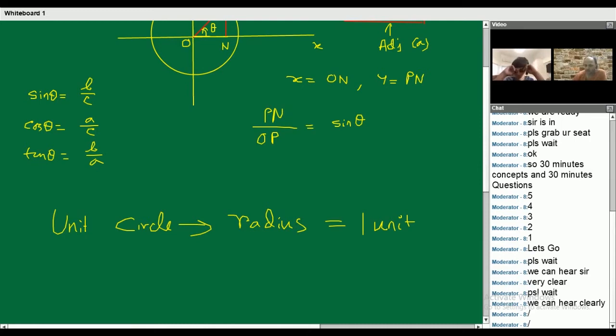You can quickly take a note of this. Radius would be 1 unit.